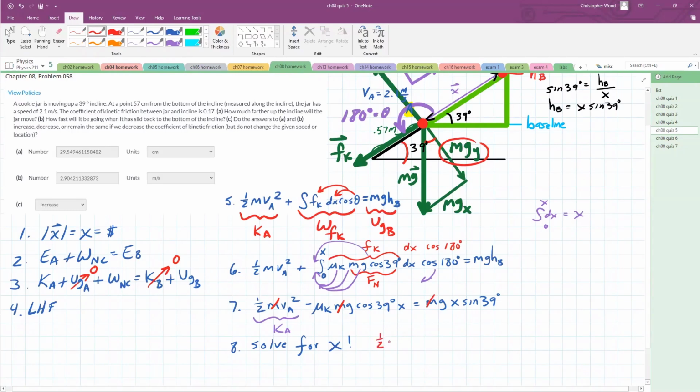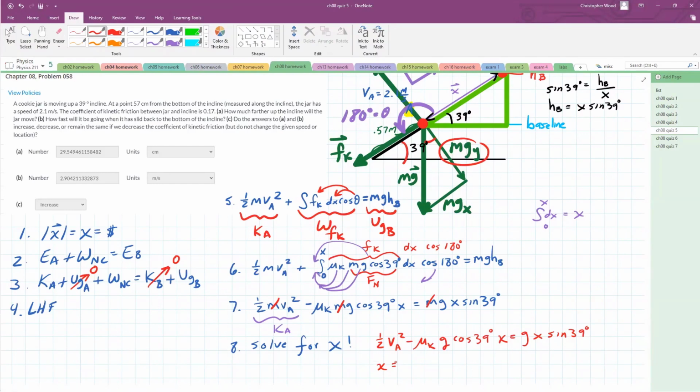I have 1/2 VA squared minus mu sub k g cos 39 times x equals gx sine 39. Solve for x. That's the distance this cookie jar travels up the plane.